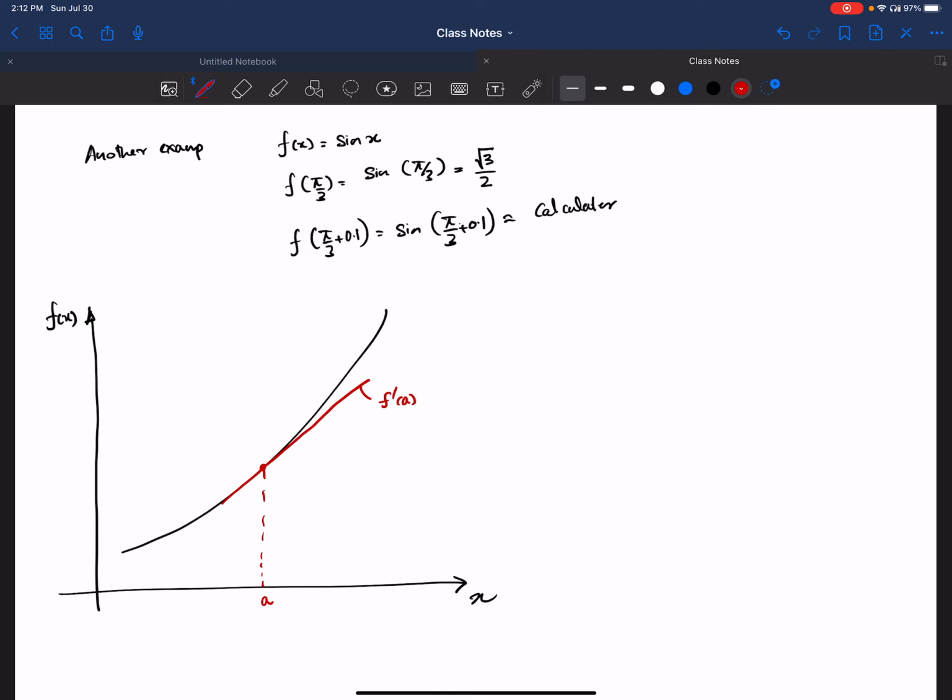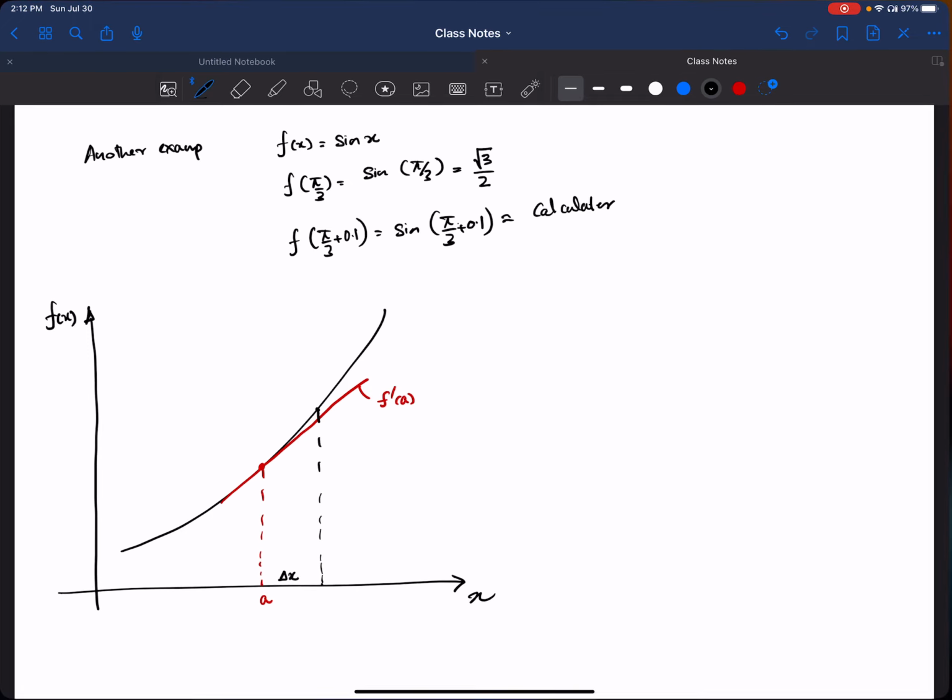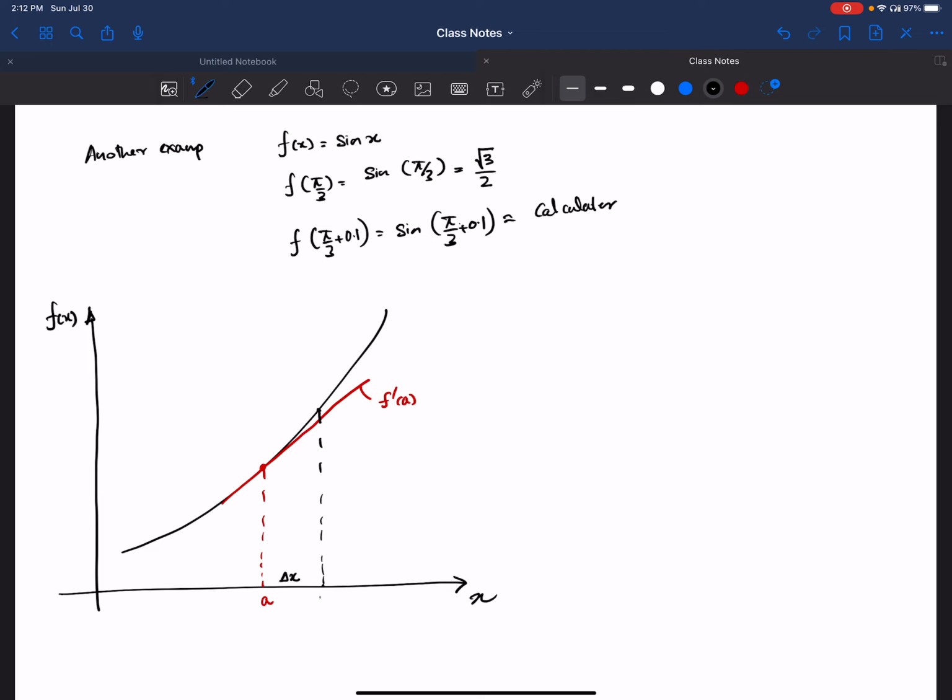Now, when I'm asked to find the value of the function right here, that means, let's say this distance is delta x, this point is a plus delta x. So the function value here is f of a plus delta x, and this is f of a.